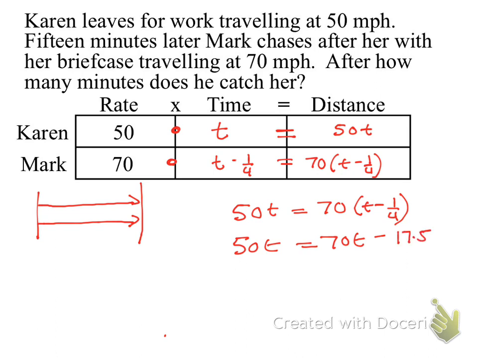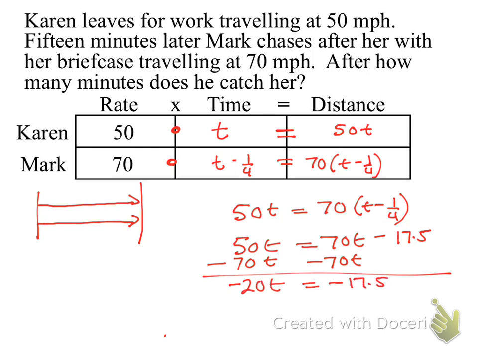Okay, now I'm going to subtract 70t, subtract 70t. Negative 20t equals negative 17.5. Divide by negative 20, divide by negative 20. Now this becomes very easy for me because I give quizzes all the time out of 20. 17 out of 20 is 85%, so that would be 0.85.